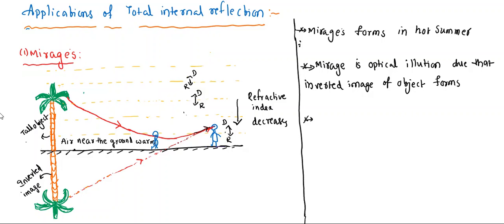It is not reflected, so he can see above the ground. That means, due to mirages, we observe the inverted image of one object. He cannot see the original object, and he will see the inverted image of the object from the ground.